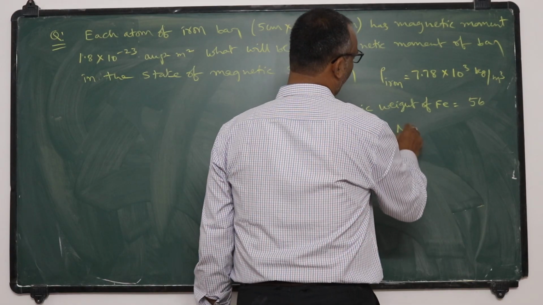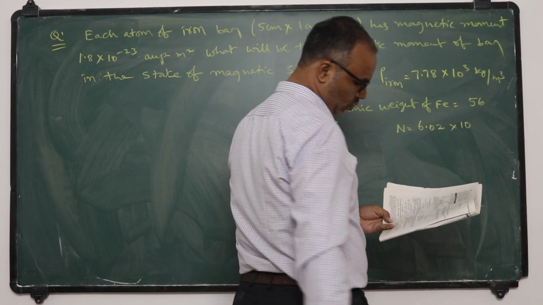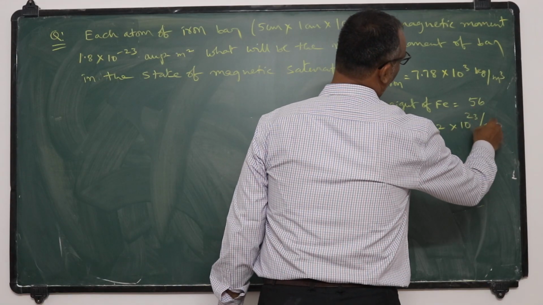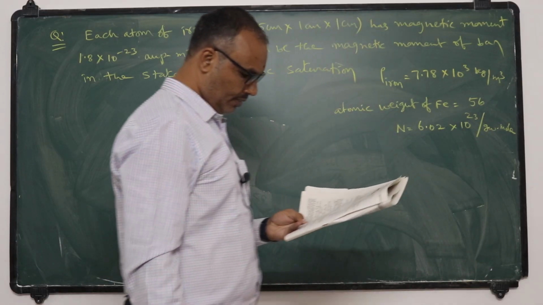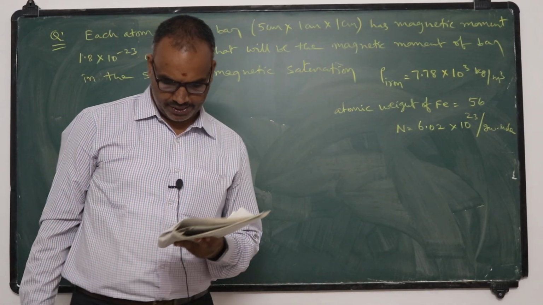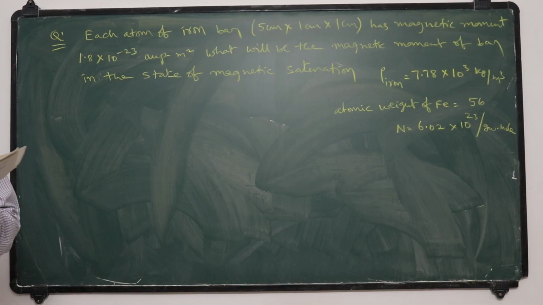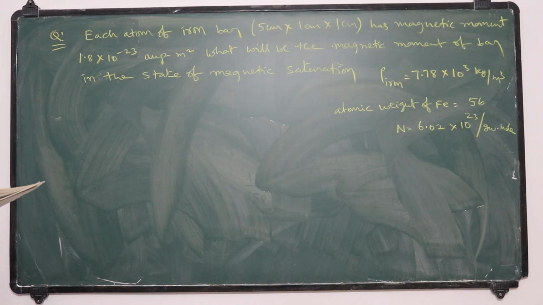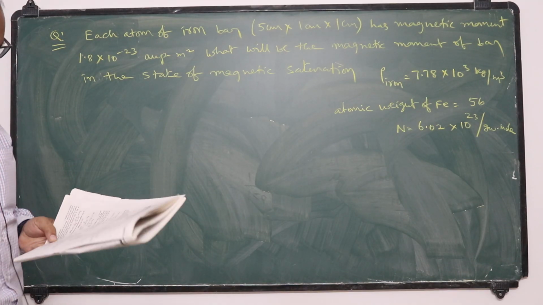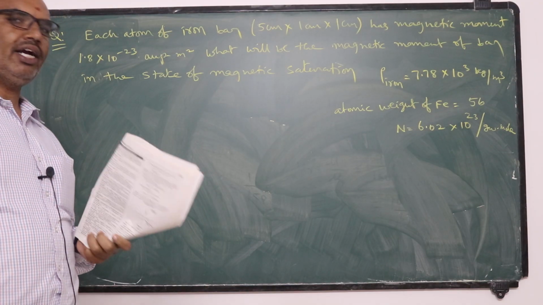Already you know the Avogadro number, 6.023 into 10 power 23 per gram mole. So this is the data given to us. We are asked to find what will be the magnetic moment of the bar in the state of magnetic saturation. The question is a little bit tricky, but if you read it carefully, then you will get it very simply.